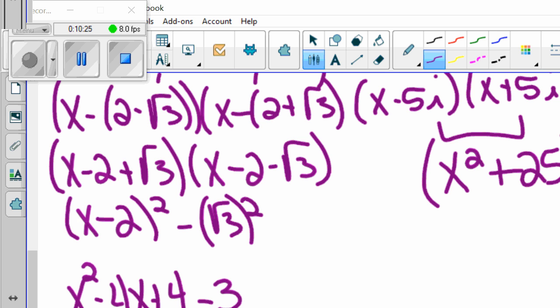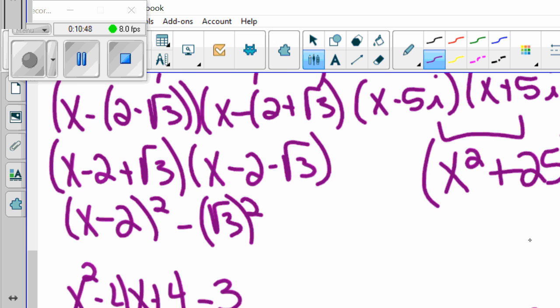Multiply this out, so I get x to the 4th plus 25x squared minus 4x cubed, minus, switched the wrong sign there, minus 100x plus x squared plus 25.